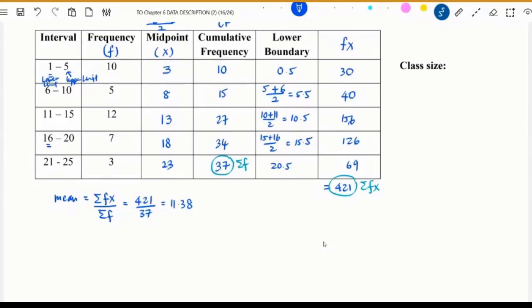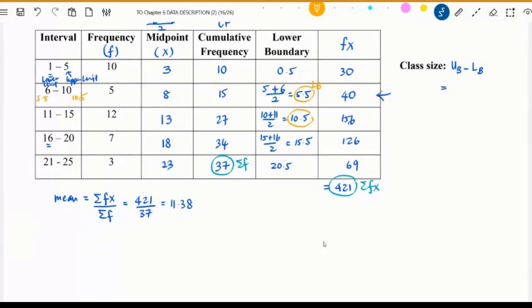Okay, class width. Class width is upper boundary minus lower boundary. So let's say we take the second class. The lower boundary we already know, which is 5.5, but the upper boundary for the second class is 10.5. This one represents the lower boundary for this class, and this one will be the upper boundary for the second class.